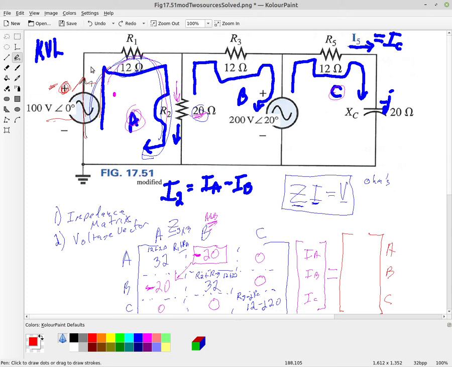Okay, or if the current was going down against the positive sign, we would have to do that. But so this is just going to be 100 angle 0.